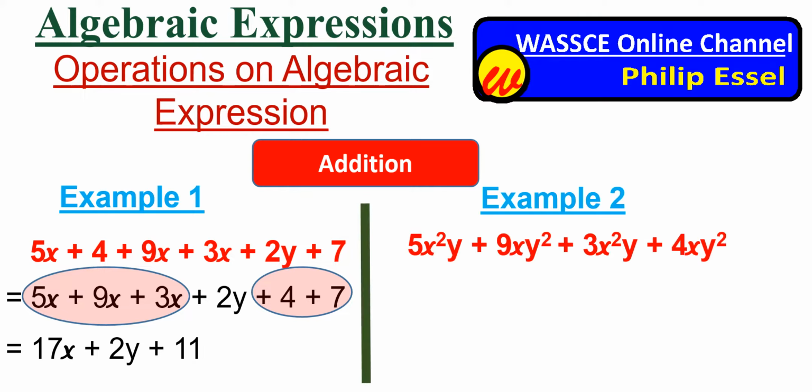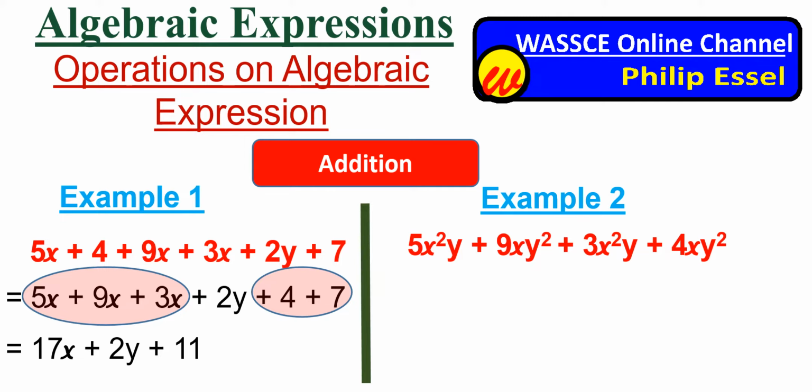Let's look at example 2. In this example, we've been given the algebraic expression 5x squared y plus 9xy squared plus 3x squared y plus 4xy squared, and we are to add the various terms of this algebraic expression together.